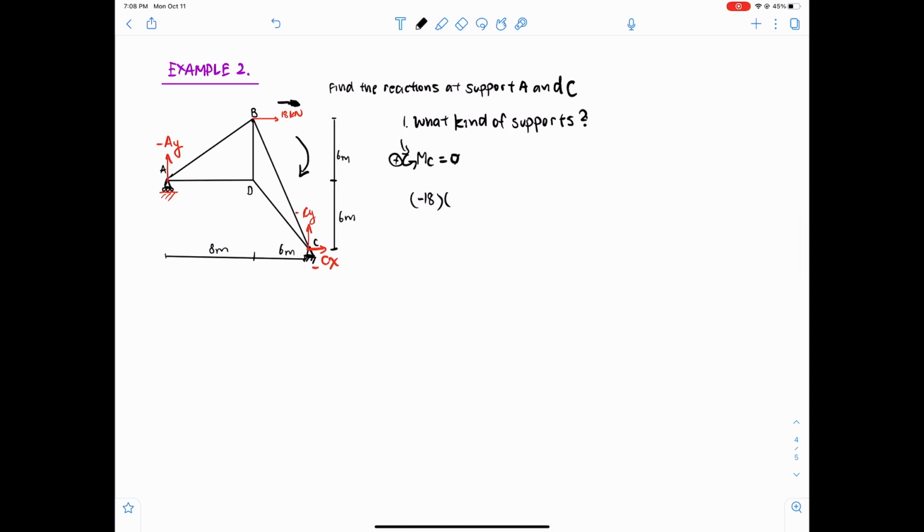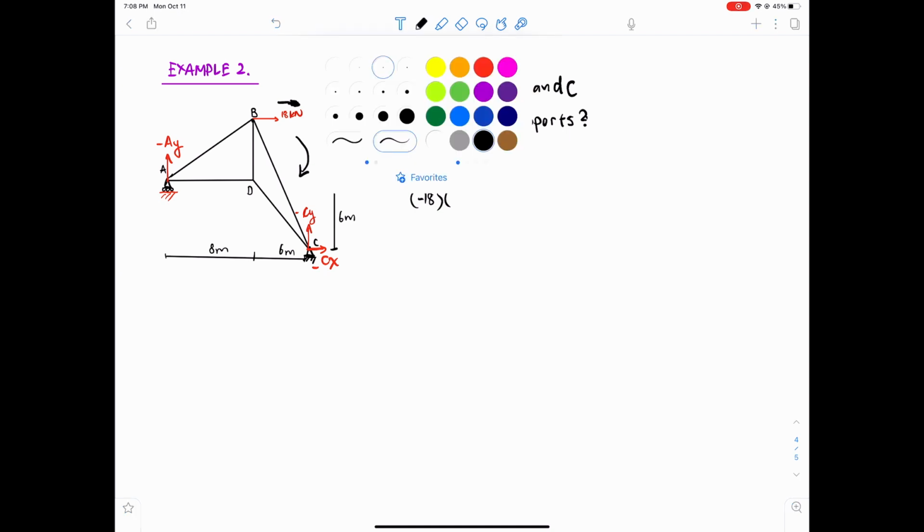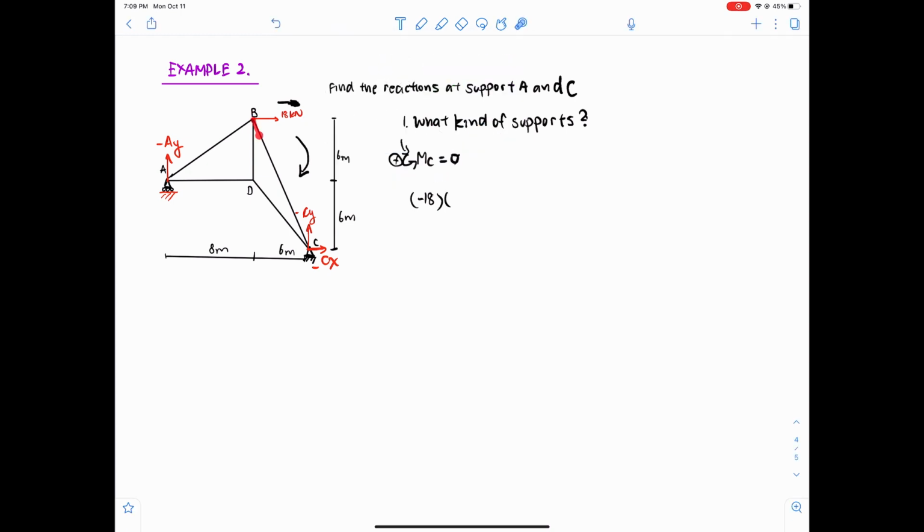All right, so once you have this 18 kilonewtons, the next step is to figure out the distance. Now what distance are you going to use? Are you going to use a diagonal distance, or this distance, or this distance, or maybe this distance for some reason? What distance are you using?